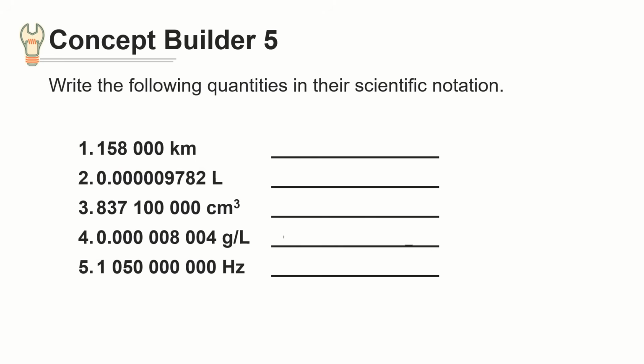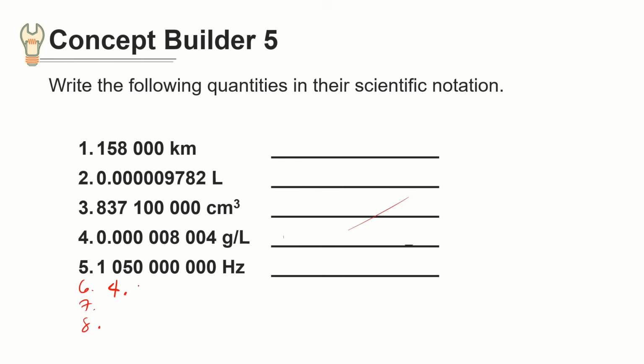So, concept builder. Write the following quantities in scientific notation. Number 1, 158 kilometers into its corresponding scientific notation. I'll also add the other values, number 6, number 7, number 8. Convert this back to the original number.